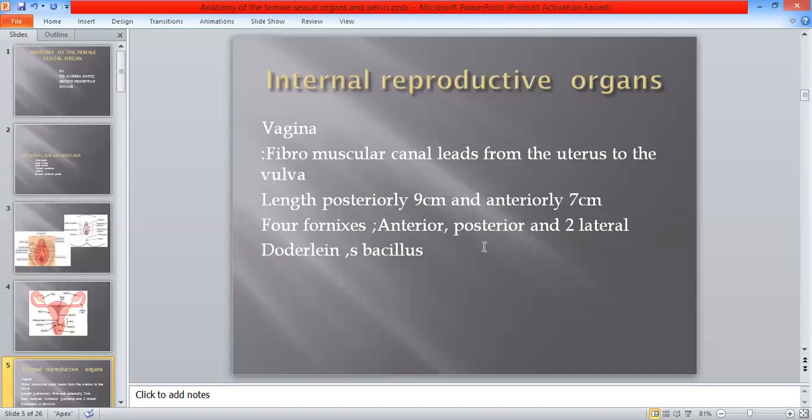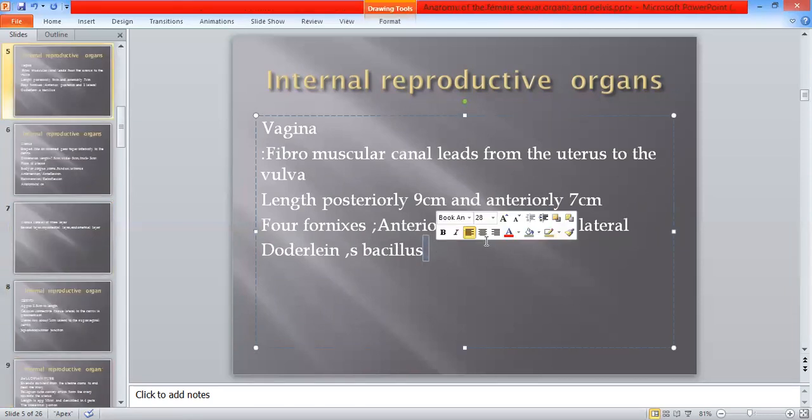It is also divided into four fornices: one anterior, one posterior, and two lateral fornices. A common commensal organism in the vagina is the Doderlein bacillus.